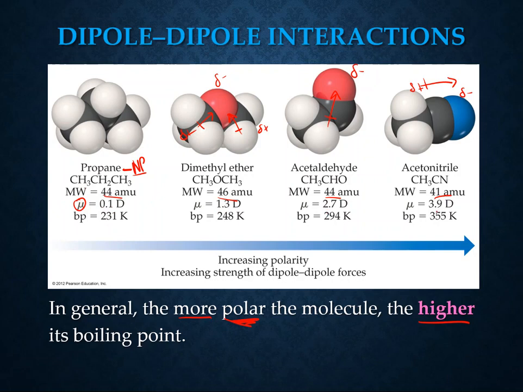Looking at the data and honing in on the data, the one with the highest dipole moment, as you can see here, has the highest boiling point. The next one, 2.7, its boiling point is less. And then, of course, with a lower dipole moment, its boiling point is less. So how polar the molecule is definitely matters.